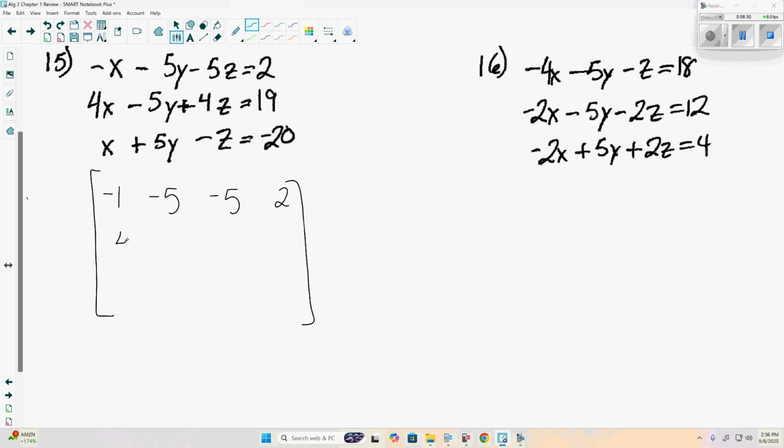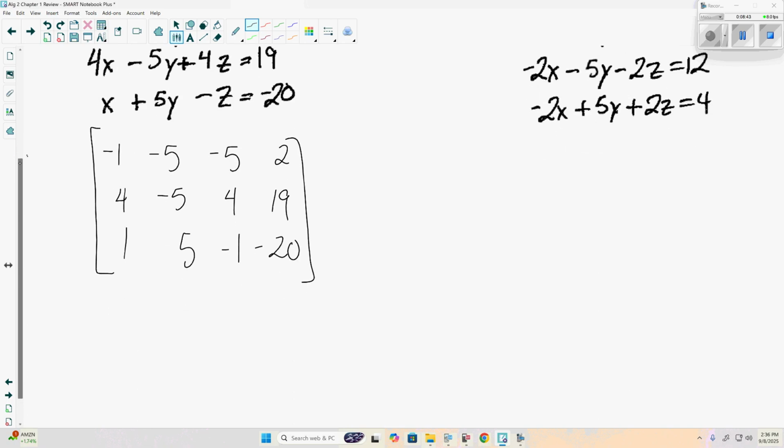Our second equation is 4, -5, 4, 19. And our last one is 1, 5, -1, -20. And the dimensions are 3 by 4. Questions on this so far?